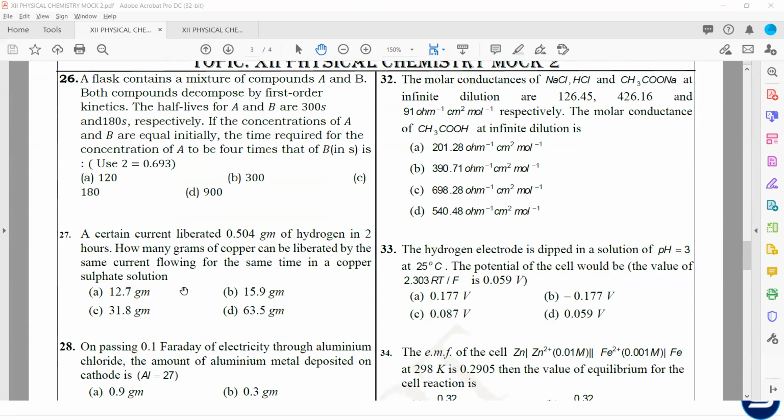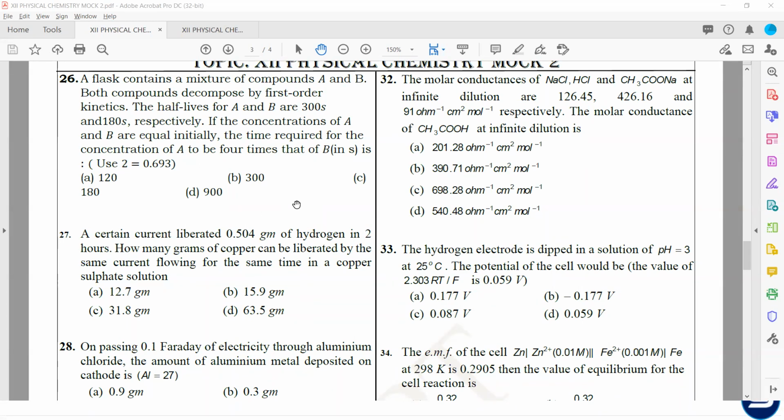Next, a flask contains a mixture of compounds A and B. Both compounds decompose by first order kinetics. The half-lives for A and B are 300 and 180 seconds, respectively. If the concentrations of A and B are equal initially, the time required for the concentration of A to be 4 times that of B, in seconds, is? 900. And how do we get the relation?